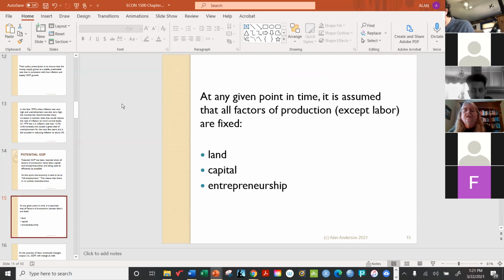In the short run, you have a fixed amount of land, capital, and entrepreneurship to work with. In the long run, we assume that everything can be changed. Okay, everything is flexible. But here in the short run, only labor can be changed. And you can see why. I mean, how easy is it to hire people? It doesn't take that long compared to buying new land or acquiring new equipment, that kind of thing.